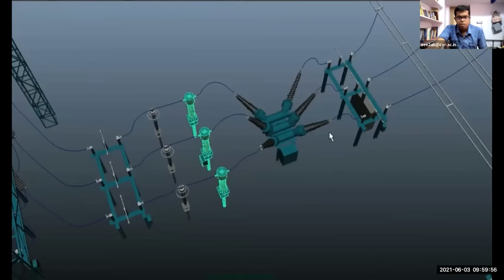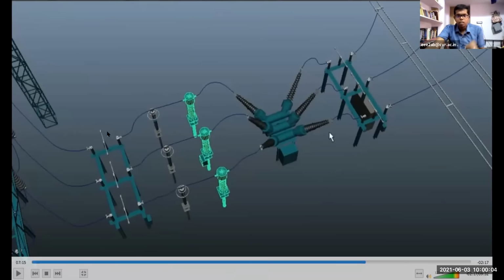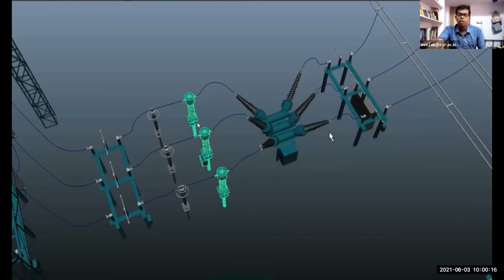Even though the engineers, like assistant engineers or executive engineers, will give the command, sometimes workers go for maintenance over here without switching off this isolator, and they will get a severe electric shock.